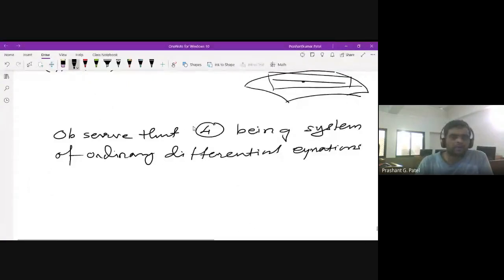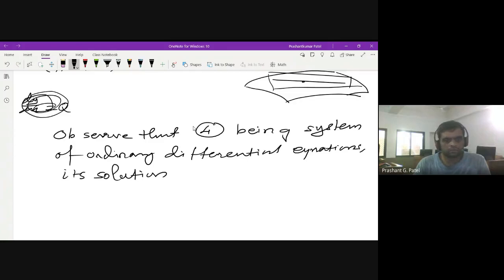For example, if any system of dy by dx something is there, then the solution of this system of ordinary differential equations will actually be a curve. Its solution is actually a curve.